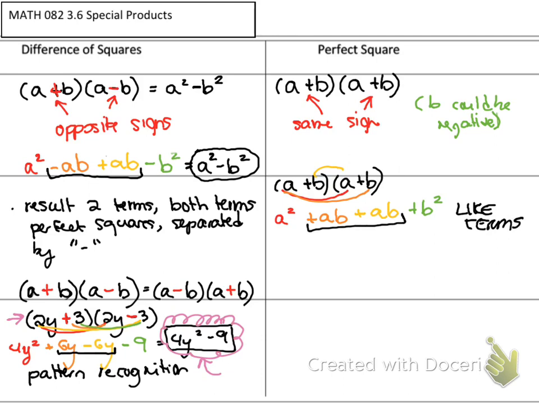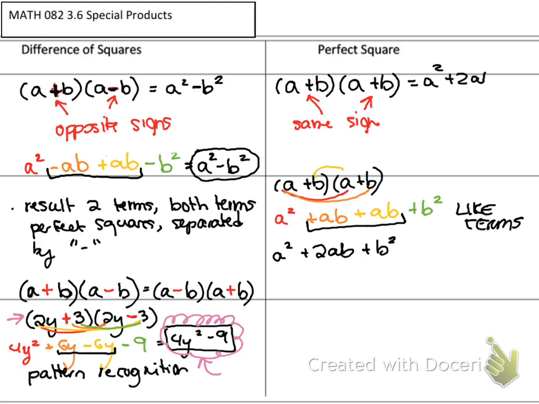Unlike last time, the fact that we had opposite signs over here allowed for the middle terms to cancel out and disappear. Here, you might notice our middle terms are additive. So we have a squared plus 2ab plus b squared. So that is the definition. Okay, that is the formula for a perfect square.